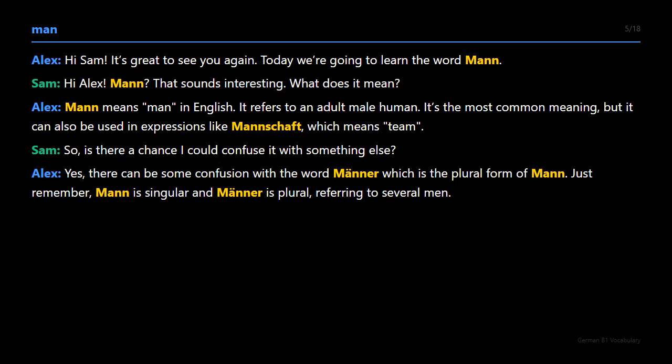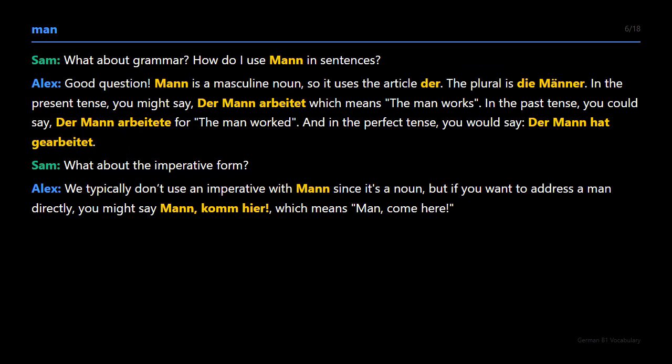What about grammar? How do I use Mann in sentences? Good question. Mann is a masculine noun, so it uses the article der. The plural is die Männer.